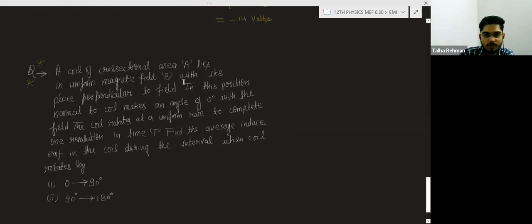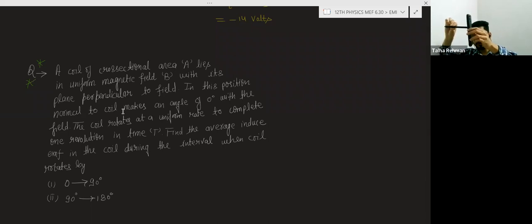In this position, normal to the coil. Normal to the coil means, suppose this is your coil, and this is the normal to the coil. They are saying normal to the coil makes an angle 0 with the field.